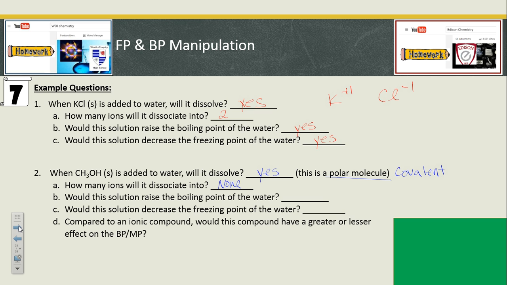Would the solution raise the boiling point of water? Yeah, slightly, but not very significantly. Would the solution decrease the freezing point of the water? Yes, slightly. Compared to an ionic compound, would this compound have a greater or lesser effect on the melting point and boiling point?